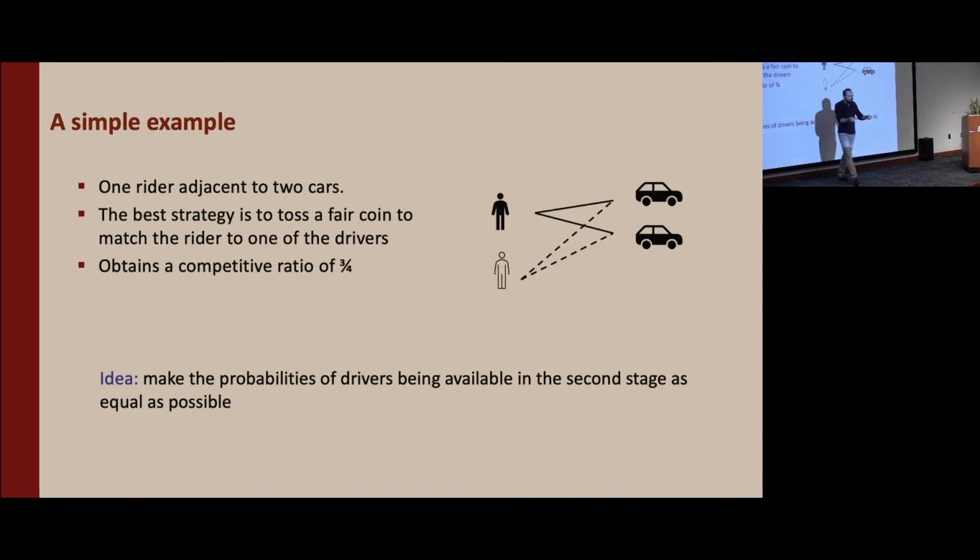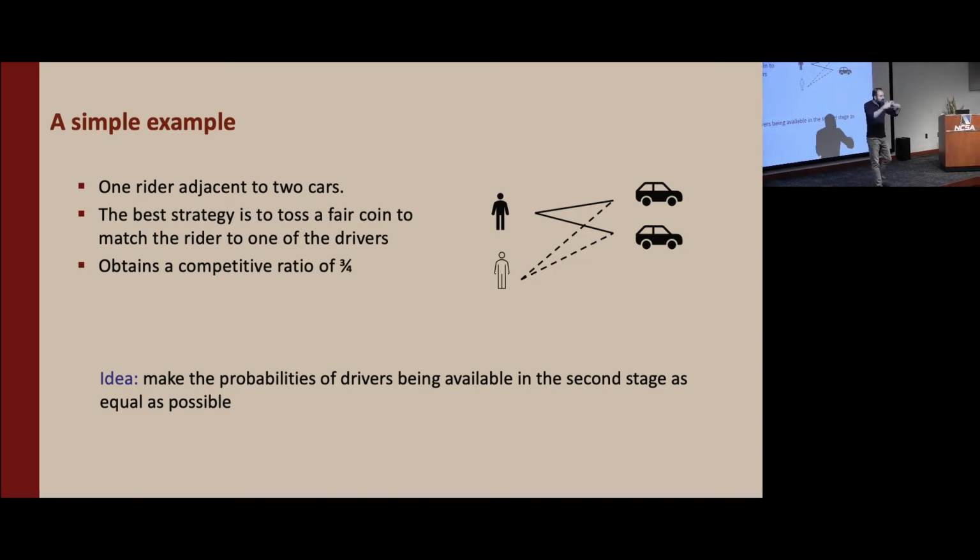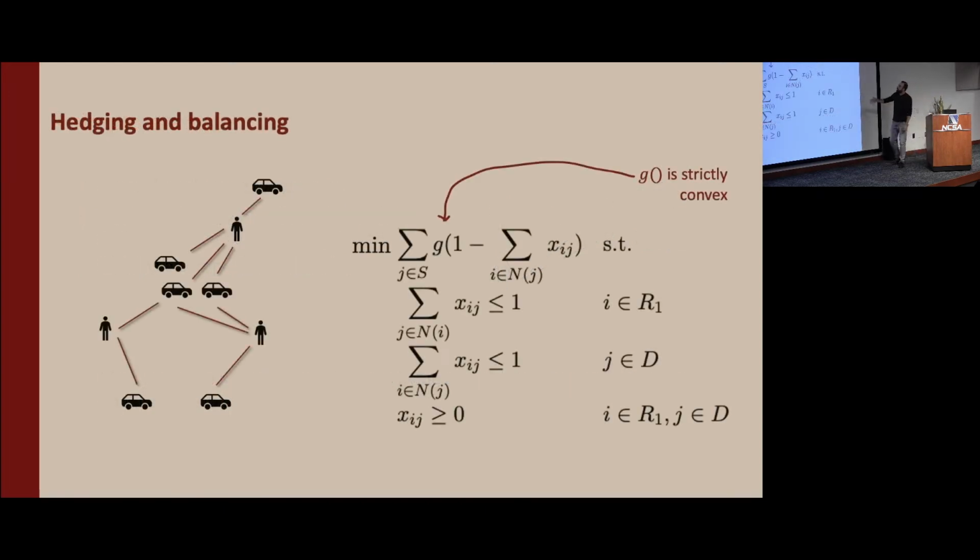And this simple example suggests that you want to do some sort of a balanced approach. You want to make the probability of drivers being available in the second stage as large as possible, as even as possible. And for that, we solve this convex program, where these constraints are just matching constraints.